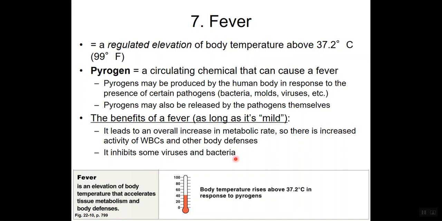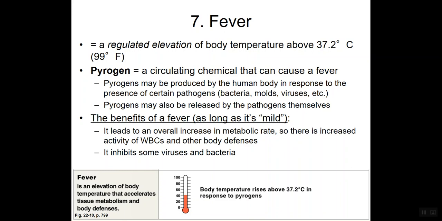And many pathogens are adapted to reproduce most efficiently at your normal body temperature of close to 98.6 F. So if you crank it up to maybe 101, 102, they do not like that very much, and that will actually inhibit certain viruses and bacteria. So that seems to be a nice little benefit of a mild fever as well.